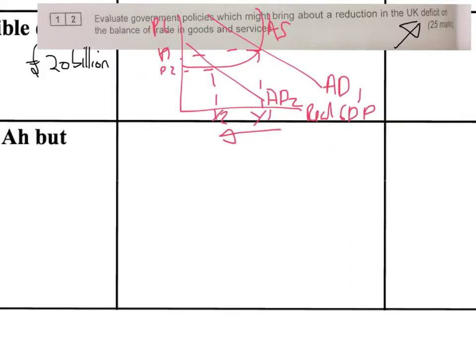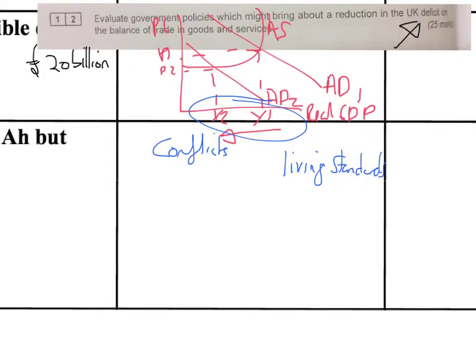The evaluation is there's going to be, and you can put it here, conflicts with other objectives. So at the same time as, yes, we're getting a better trade balance, but the problem is we're getting a reduction in growth. So that's bad for people's living standards. And also it's bad because if there's less growth, there'll be an increase in unemployment.